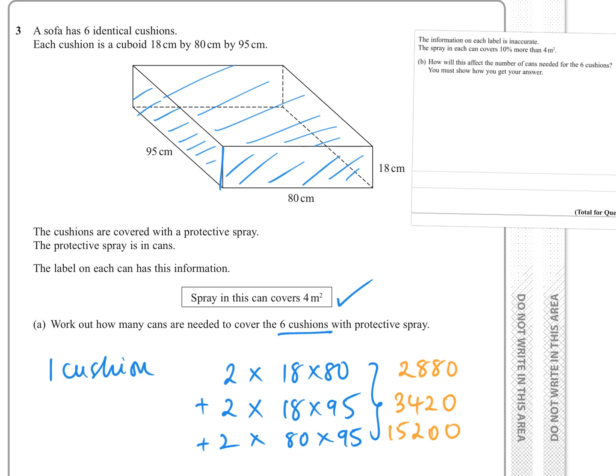So I've just worked out each of those individually, so I'm going to add them all up. 2,880 plus 3,420 plus 15,200, and that is 21,500 centimetre squares.